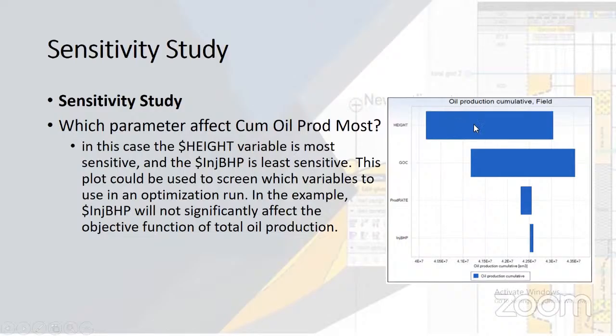So as you can see, the factor that is most effective on the cumulative oil production is the thickness of the reservoir, then the gas oil contact. But the production rate and the injection bottom hole pressure have a minor effect on the cumulative oil production. Okay, that is for some case.